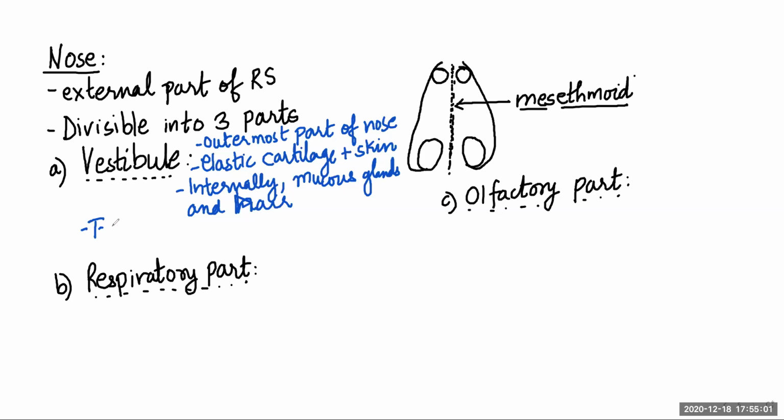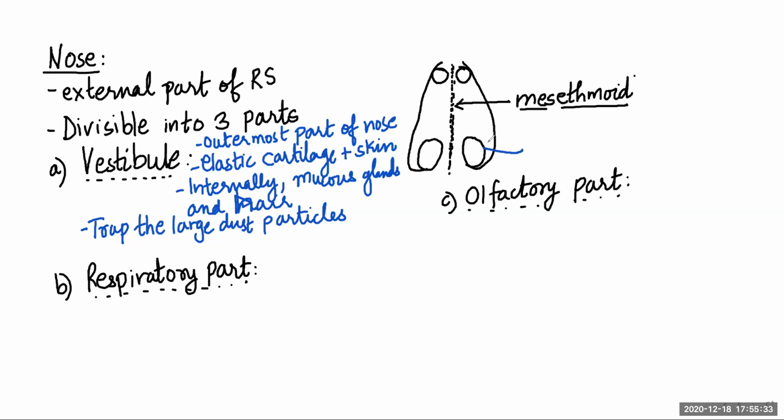The main function here is to trap the large dust particles. The smaller ones can go between the hair or within the hair, but the mucus and hair will trap the dust particles. It is sticky, so large dust particles will be trapped by the vestibule. That's the function of the vestibule.